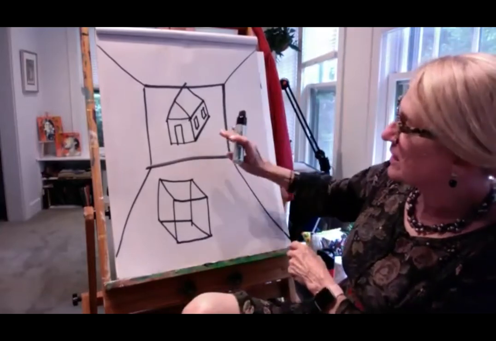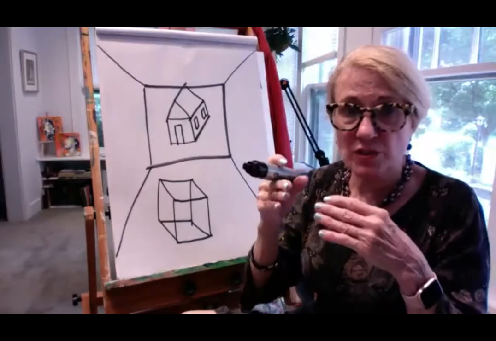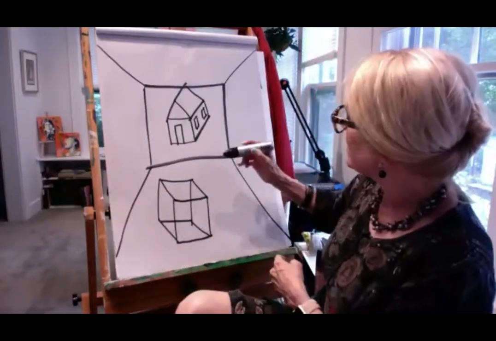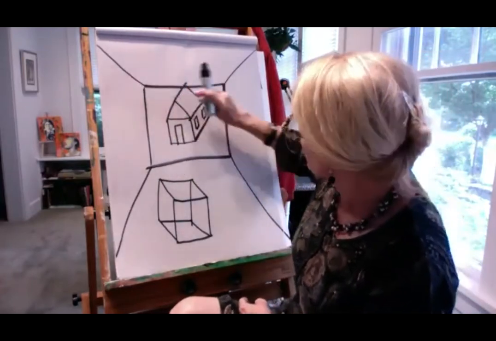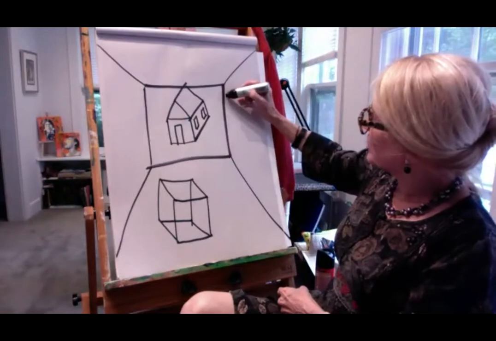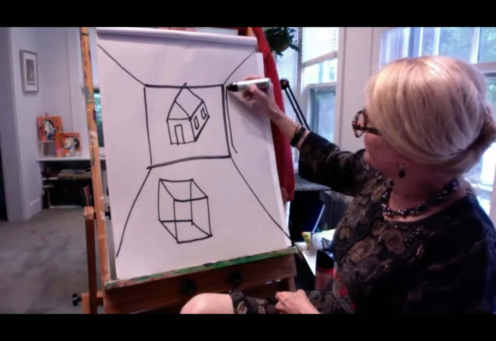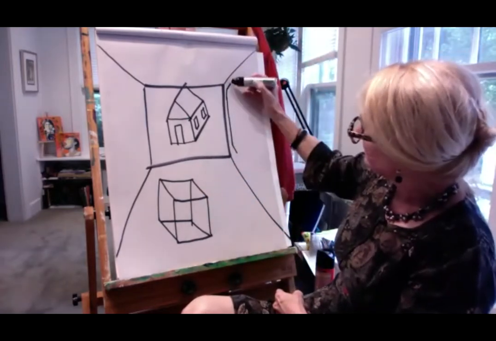And just like the idea of the railroad ties, the lines getting closer together as they recede, same thing happens with windows. If, let's say, my wall here, if I have windows, my angular lines stay the same angle.